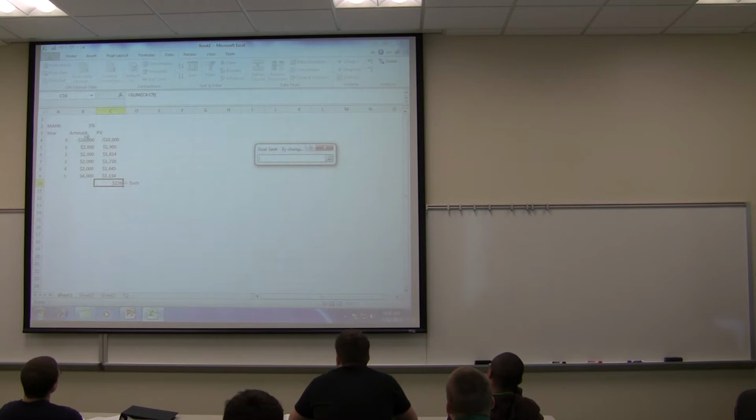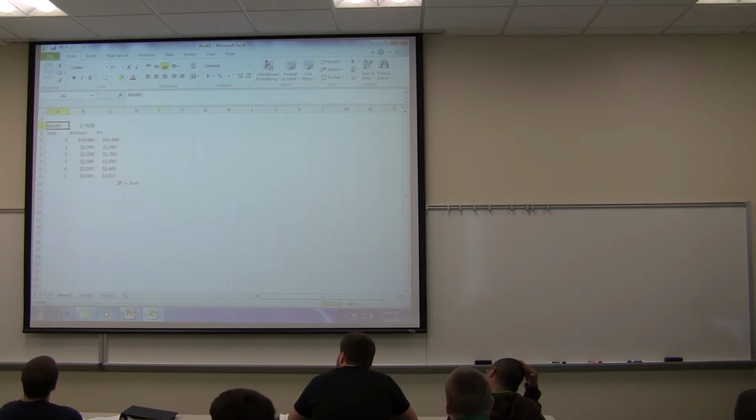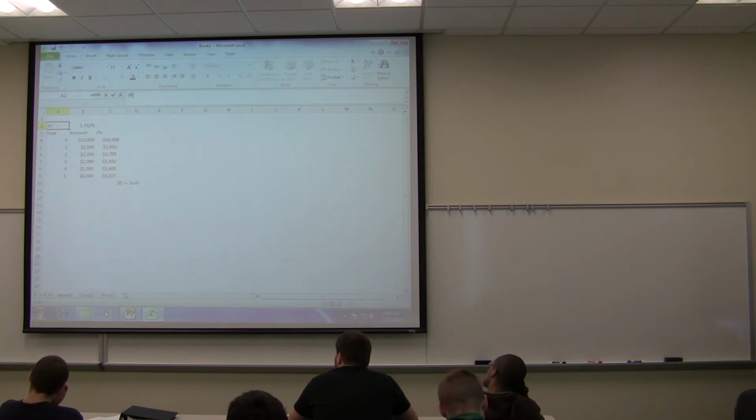And we're going to do it by changing the interest rate. So it turns out that the interest rate that gives us 0 is 5.732. And then I'm going to change this because it's no longer called the MAR. MAR was our minimum. This is the internal rate of return.